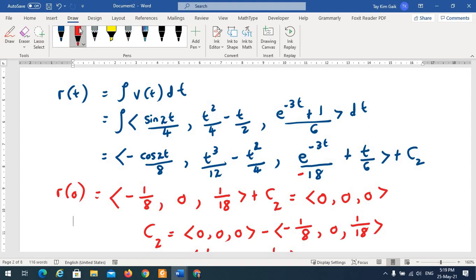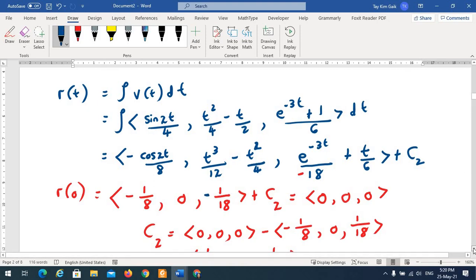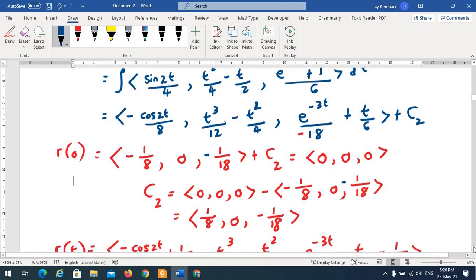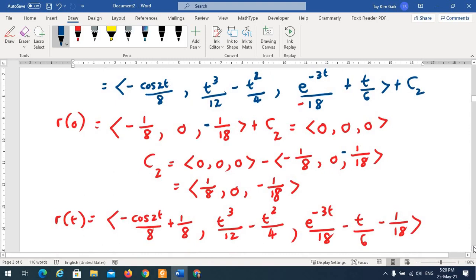When t is 0, e to the 0 is 1, so this is negative 1 over 18. So to get C2, it is the zero vector minus negative 1 over 8, 0, negative 1 over 18. So C2 component i is 1 over 8, component j is 0, and component k is 0 minus negative 1 over 18, so positive 1 over 18.